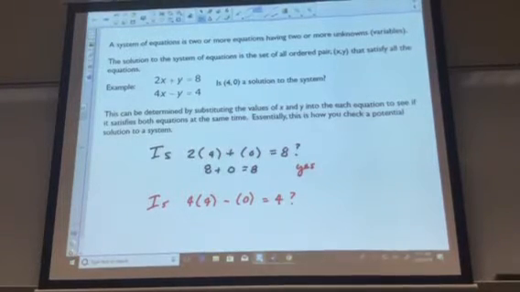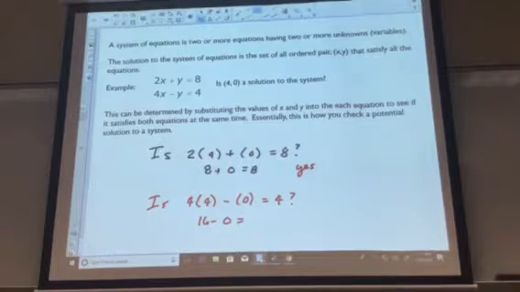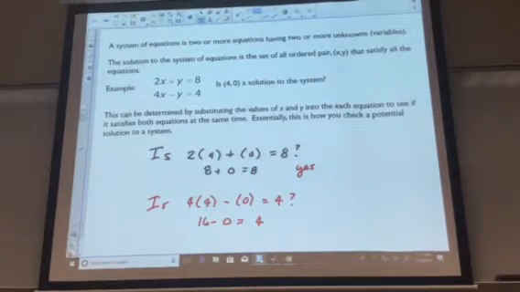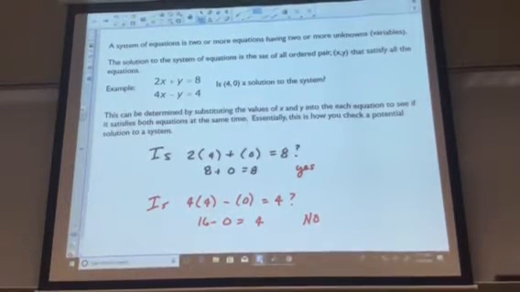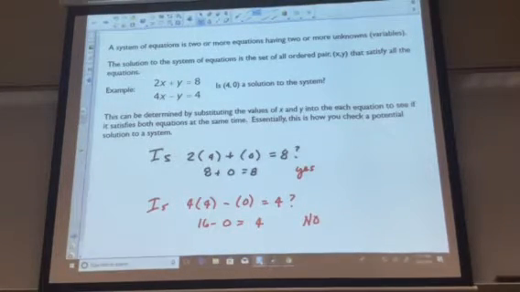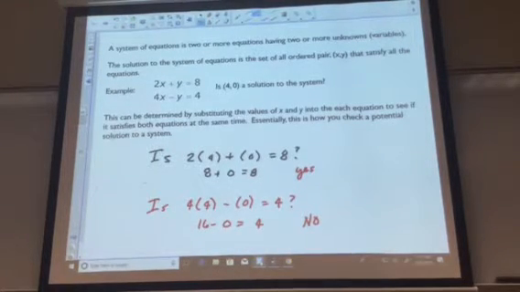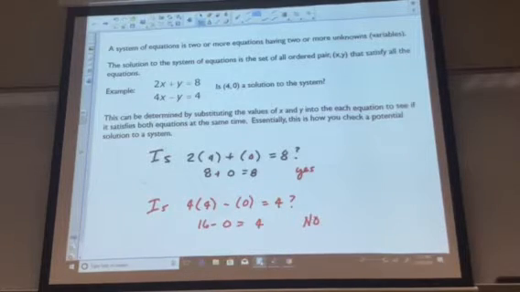That's going to be a yes or no answer as well. Unless you're prepared to argue that 16 minus 0 is equal to 4, I think you're going to get a great big fat no out of this particular problem. So this suggestion did not satisfy both parties at the same time. Another way you might see a system referred to is simultaneous equations. Whatever happens has to satisfy both of them at the same time.